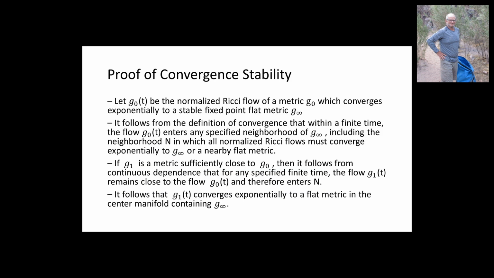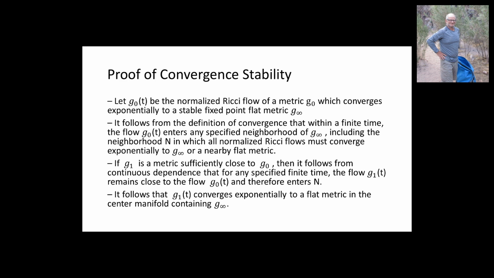So if we let G0 of t be the normalized Ricci flow of a particular metric, which converges exponentially to a stable fixed point flat metric, then it follows from the definition of convergence that within a finite time, the flow necessarily enters any specified neighborhood of G infinity, including that neighborhood in which all normalized Ricci flows must necessarily converge exponentially to G infinity or to a nearby flat metric.